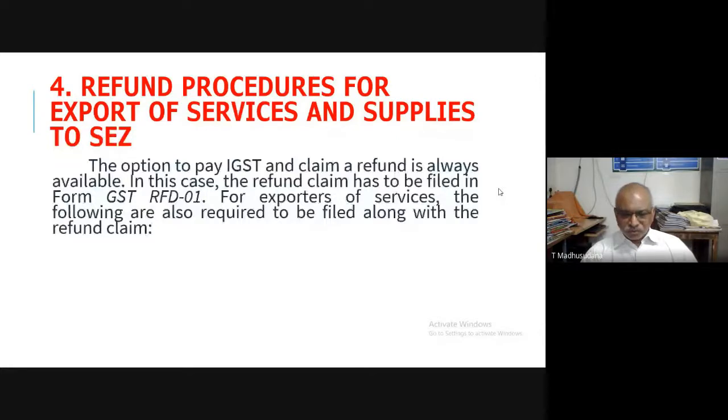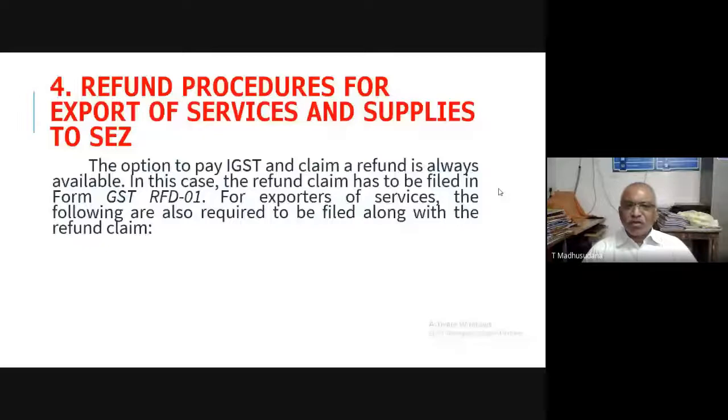If you have paid the GST, then you have to claim refund in the application form GST RFD 01.